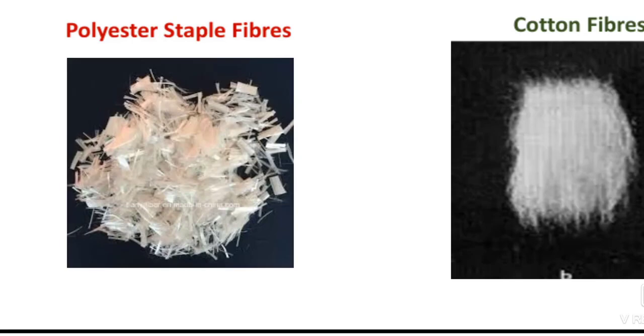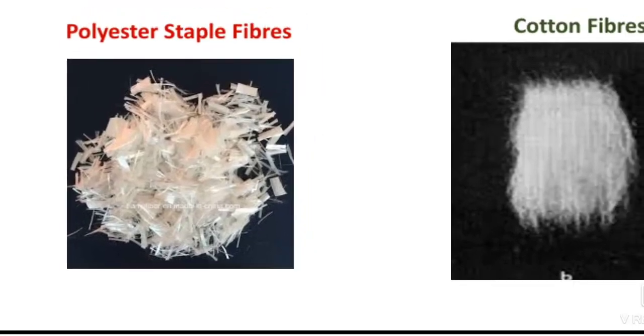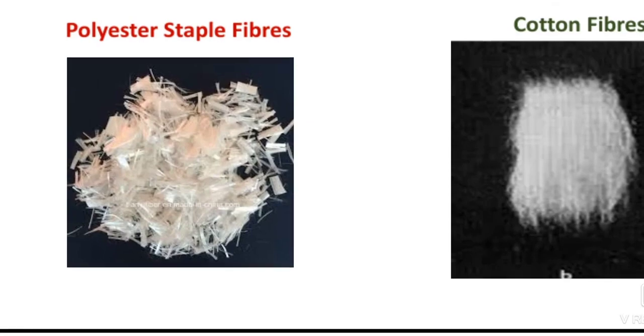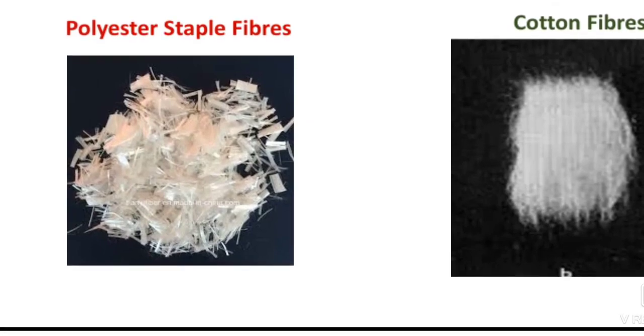So, if we need to measure the length of the fibers, we can take a few fibers out of it. At random, you can select a few fibers, measure the length of the fibers, that is, measure the distance between the two ends of the fiber, find the average and report the average as the length of the given sample as far as this example is concerned.